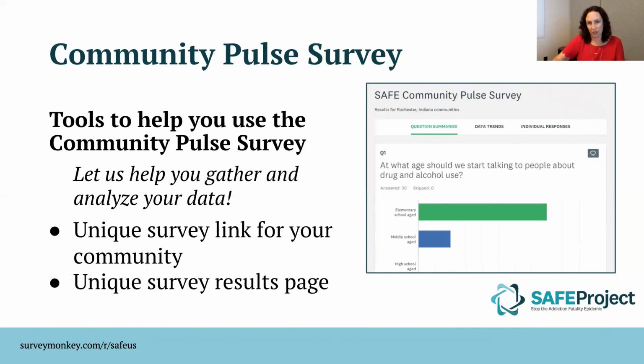But at the same time, we understand you're going to want to see those updates. And so this tool allows us to provide you that feedback on a real-time basis. And you can have that unique survey results page. You're actually looking at a survey result for Rochester, Indiana, for the Pulse survey that they rolled out.